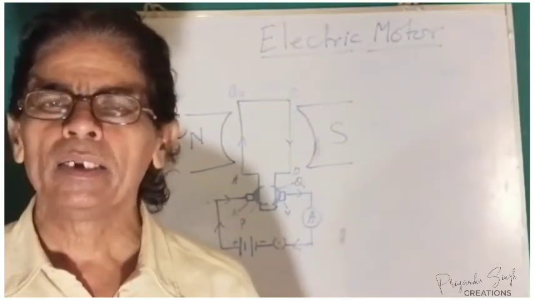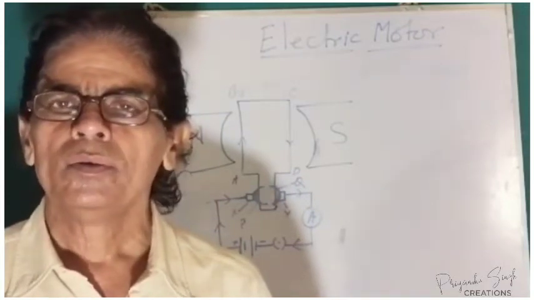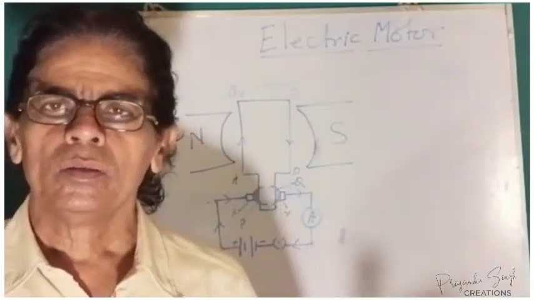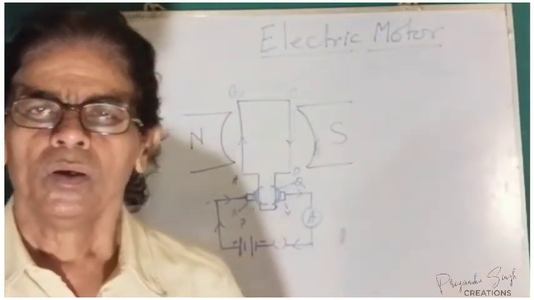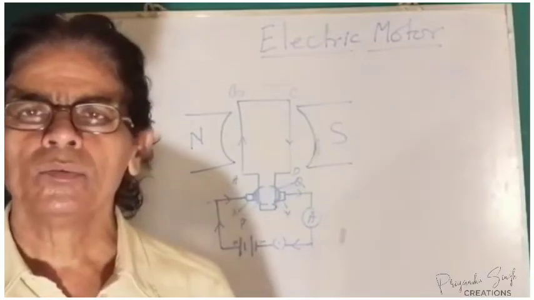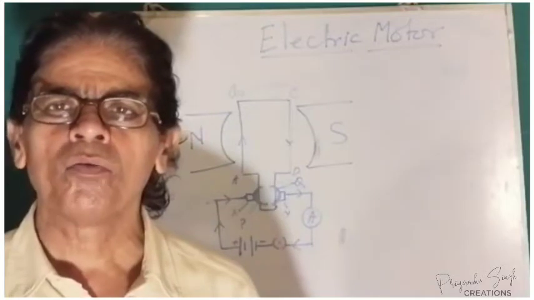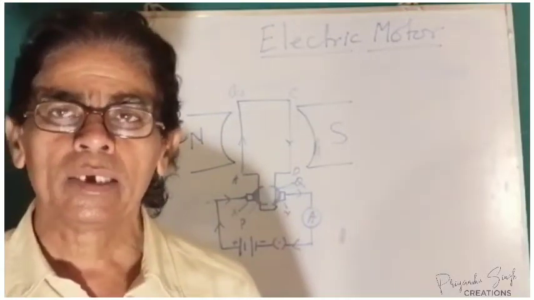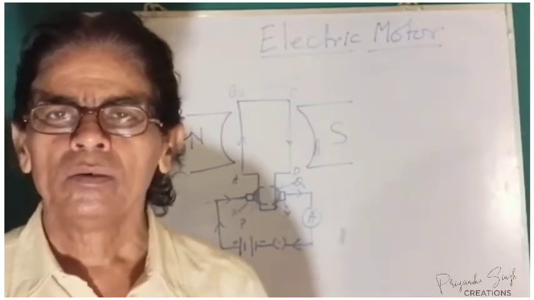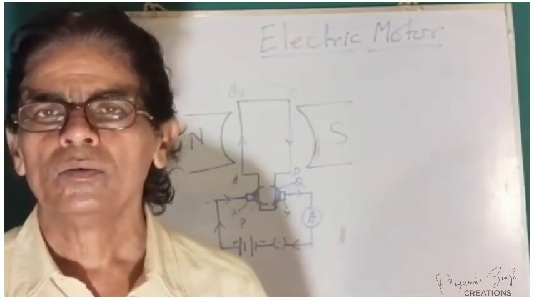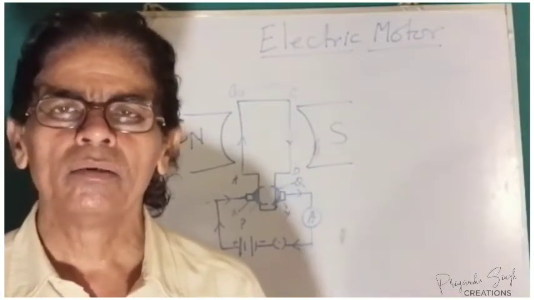The direction was ascertained by Fleming's left hand rule. The same rule will be applied here to find the direction of the electric force that turns the armature in the magnetic field.